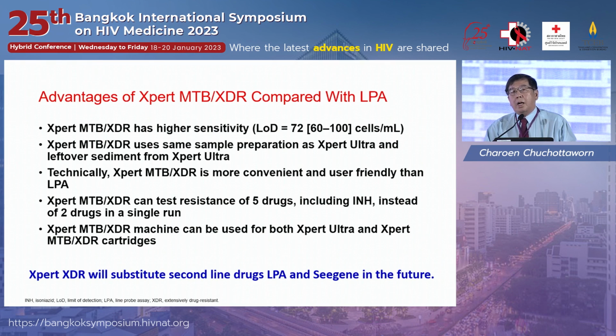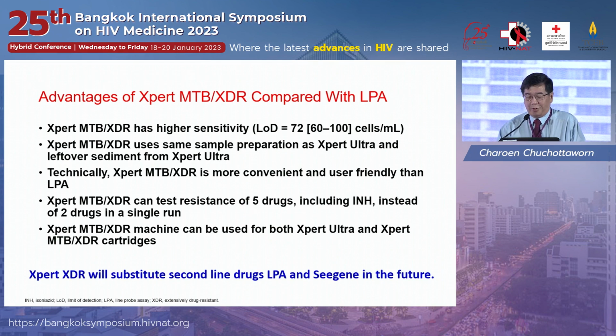In my hospital, we have up to 40% invalid results with the second version of the line probe assay for the second-line drugs. So this is a game changer, and I think that if we want to treat multi-drug resistant tuberculosis patients, we should have this machine for the care of the patients.